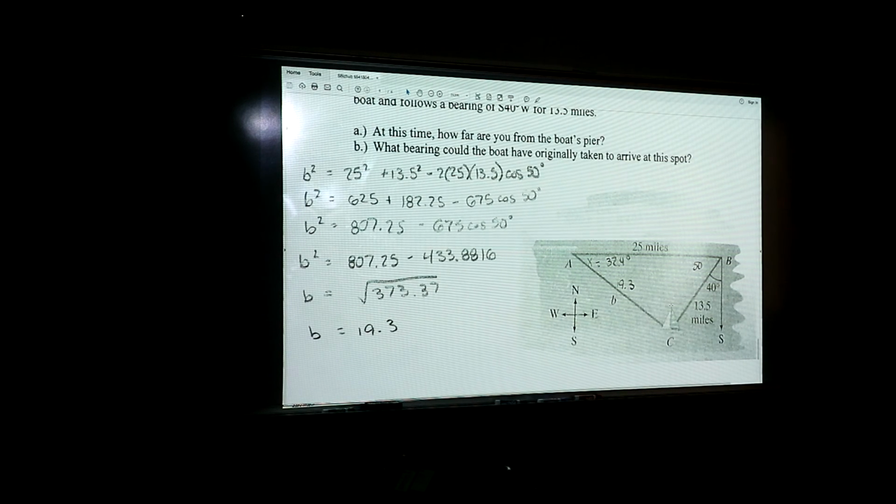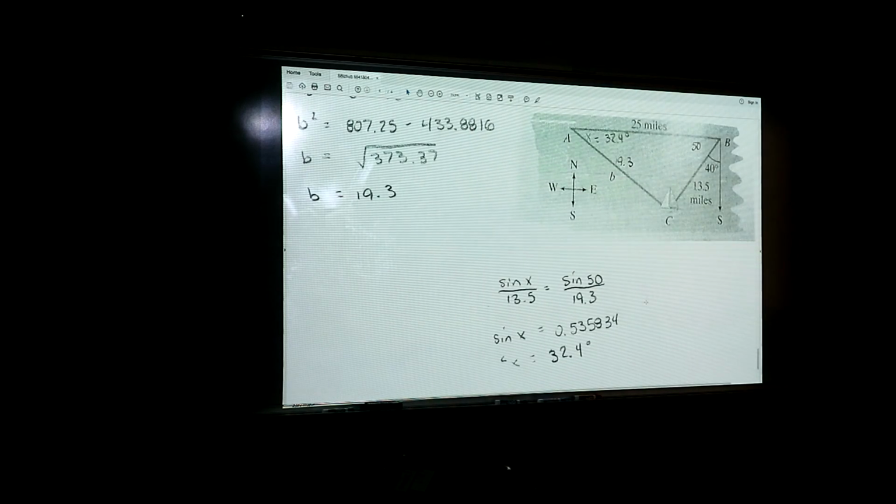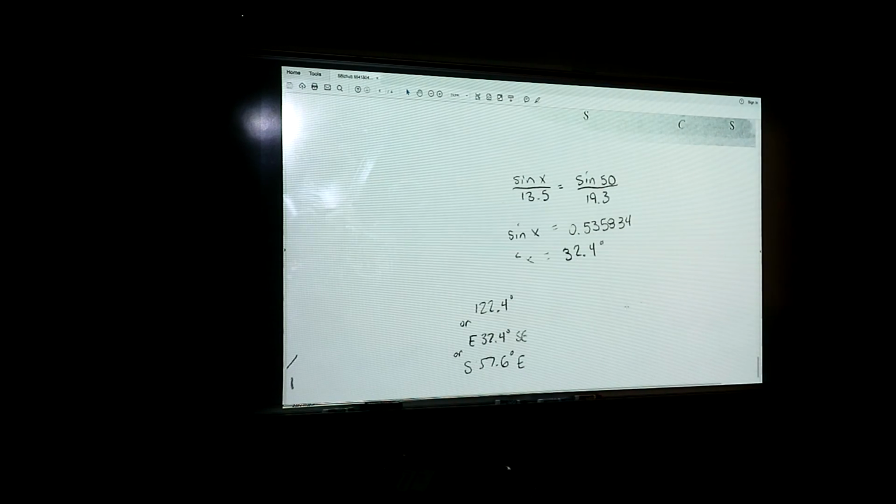And then to figure out the angle, I was looking for this angle in the triangle. It's the angle the boat could have originally taken from the pier to get where they're at now. This is the pier up here, and they could have just taken a 32-degree angle. The other options you could have done for 32 are 122, or east 32.4 southeast, or south 57.6.